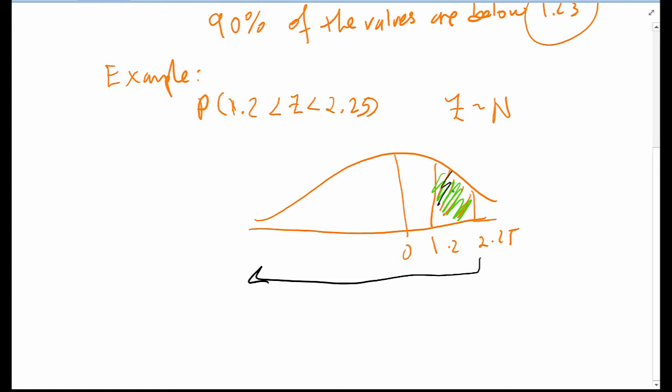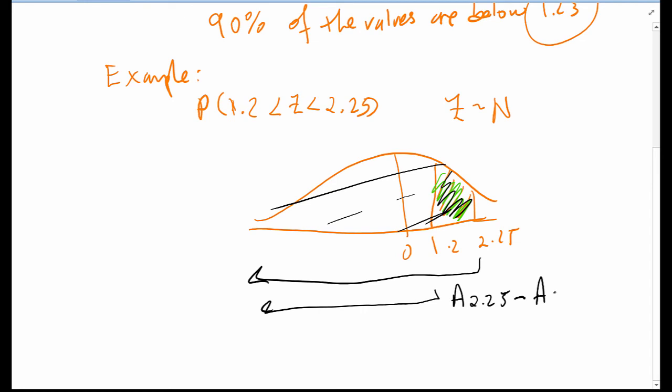You just want this area right here. If you go to the data value 1.2 and read the table, you get all this area right there. So the answer is going to be subtracting the two areas: the area that corresponds to 2.25, minus the area that corresponds to 1.2. So let's find those values.